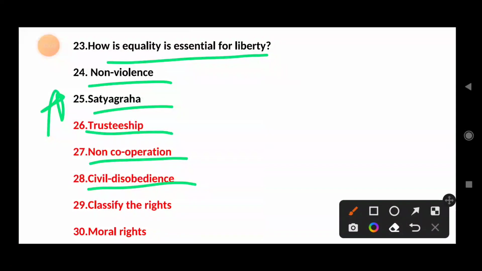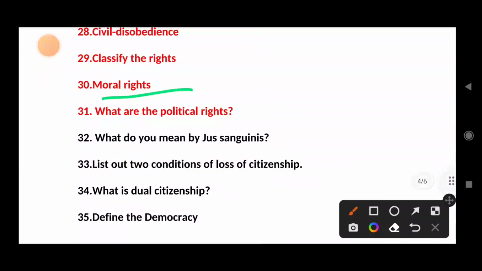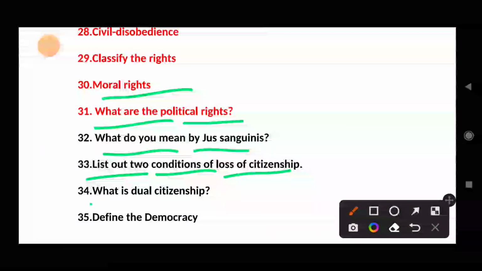All these are part of Gandhism. Classifying the rights, morals. What are the public rights? What do you mean by jus sanguinis? And list out 2 conditions of loss of citizenship.